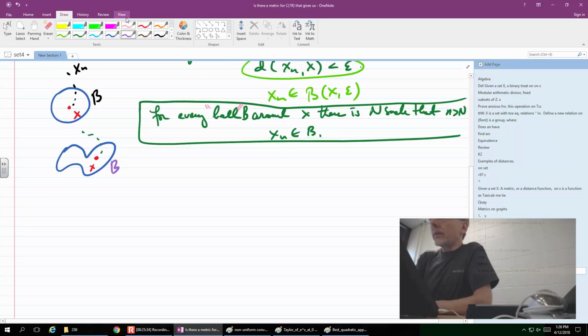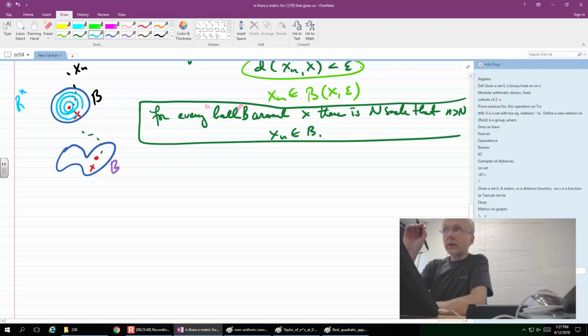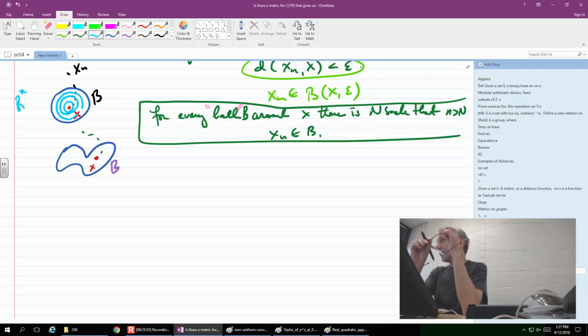So in the standard case of Euclidean R^n, I have the whole bunch of balls around the point, as small as you like. That is what allows me to discuss convergence, because I can always pick a smaller ball around the point and make sure that the tail of the sequence is inside of that disk.